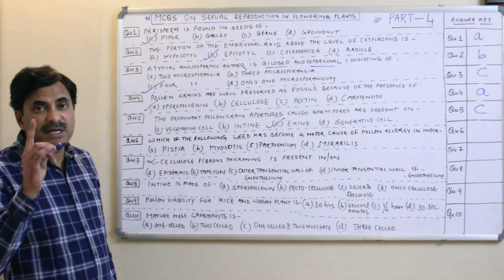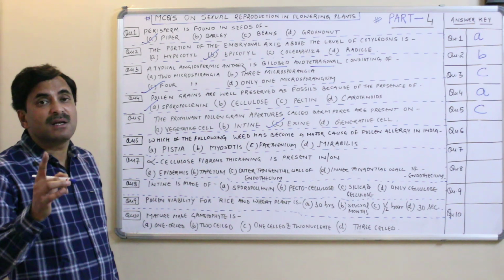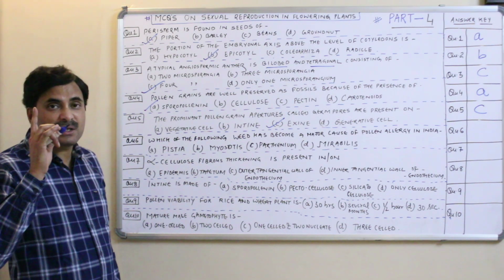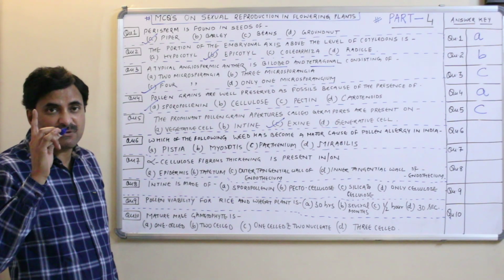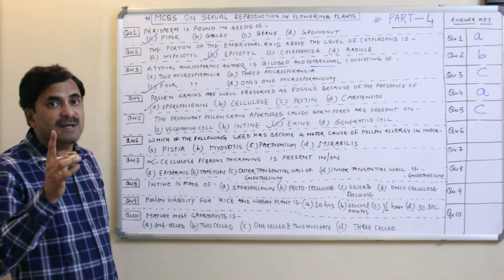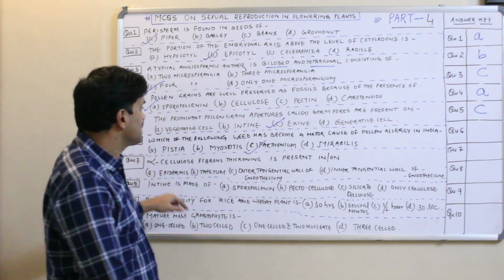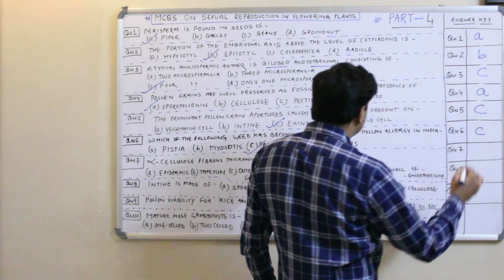In India, it has been seen that pollen allergy occurs majorly because of Parthenium, which grows in barren areas. So the answer is Parthenium.